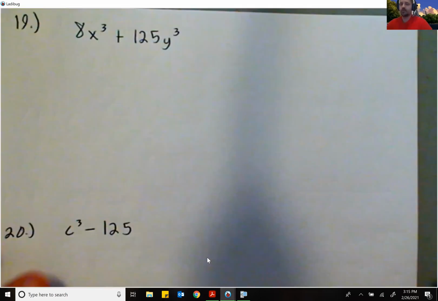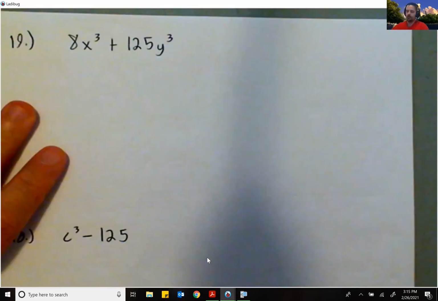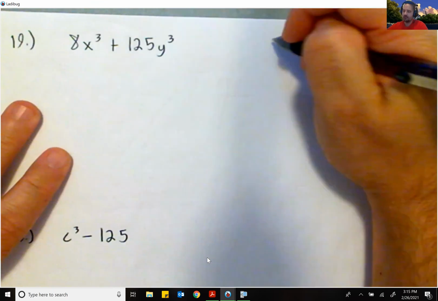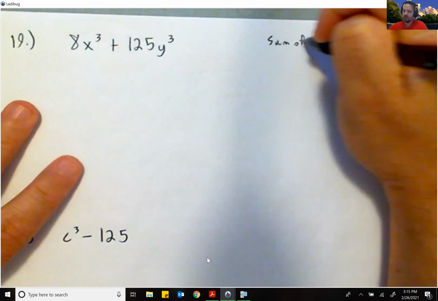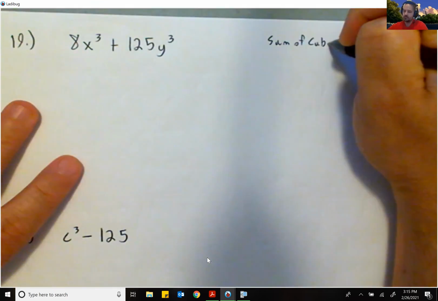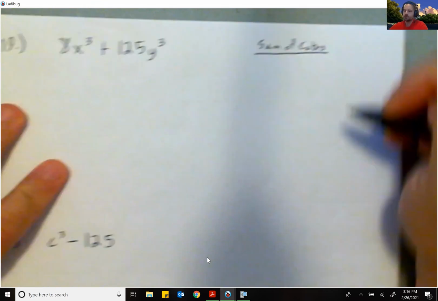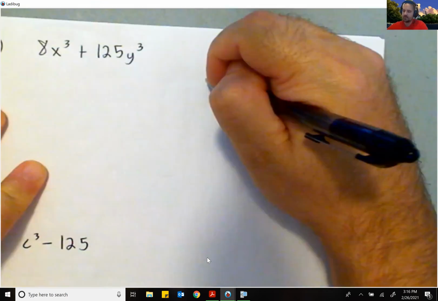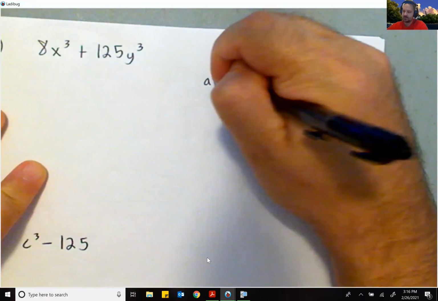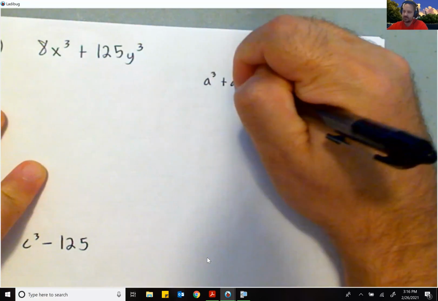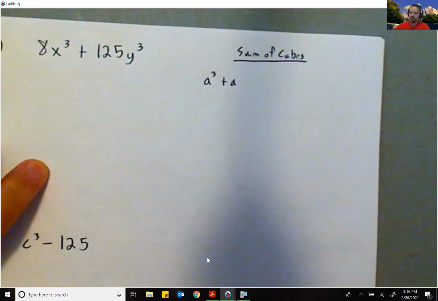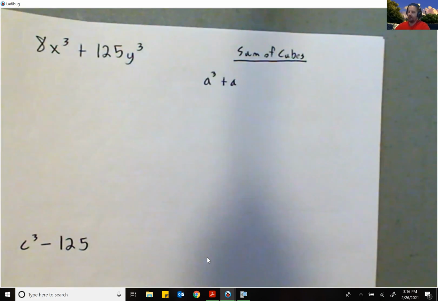Okay. So this one is the sum of cubes. So remember that if you have the sum of cubes, it factors just like this. Gosh darn it. This is why we don't write in pen. Pen is the devil.